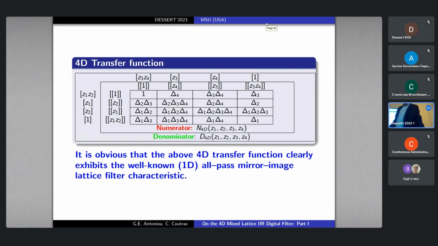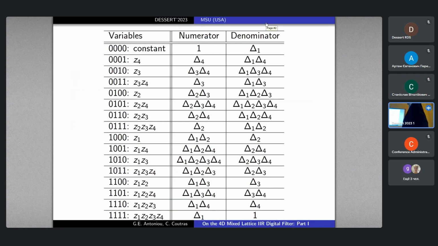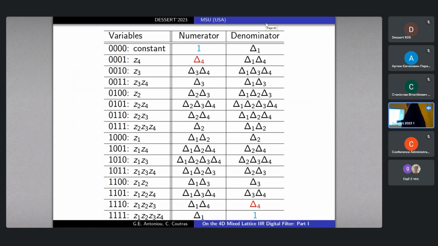And for the audience, I made another way using binary numbers. You can see the numerator, the denominator. You can see at the top, as I progress, the blue, the red, the green, the same, the blue, the red, the green, the blue.